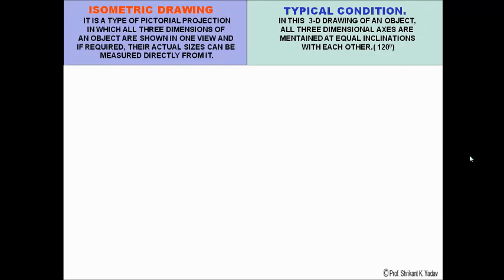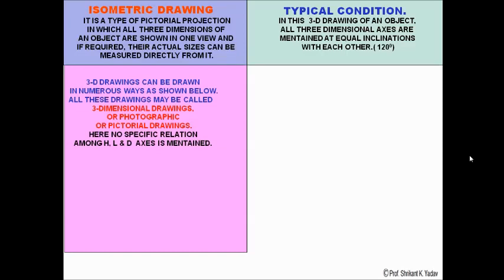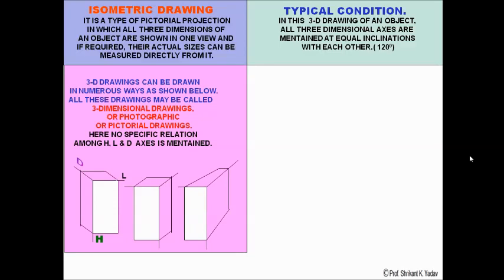In these 3D drawings of an object, all 3-dimensional axes are maintained at equal inclination with each other, that is 120 degree. 3D drawings can be drawn in different ways as shown below. All these drawings are called 3-dimensional drawings or photographic or pictorial drawings.